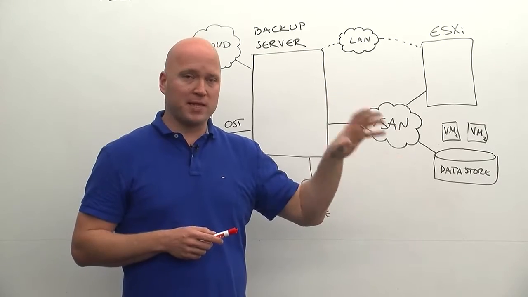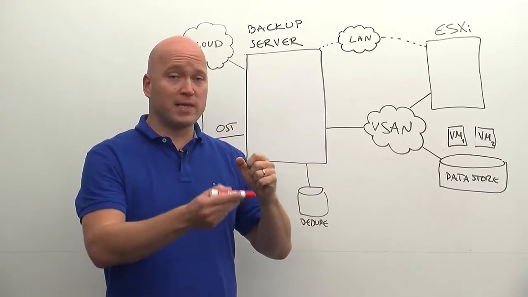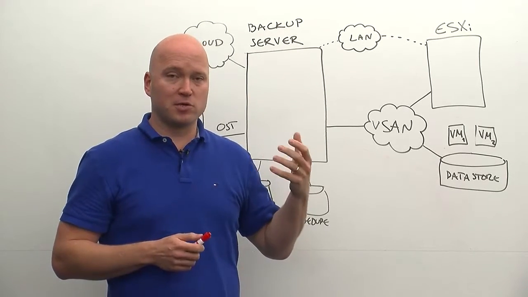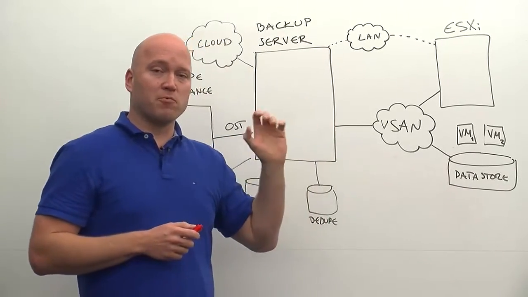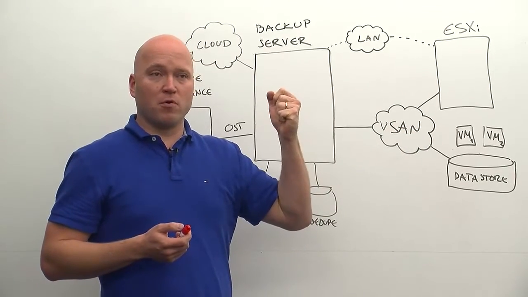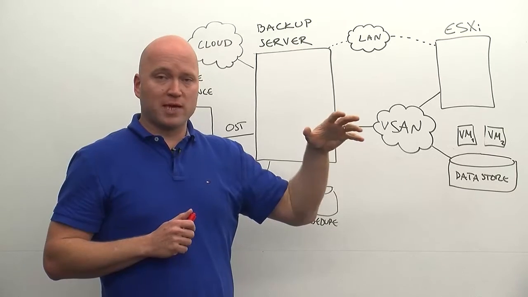We just collect some metadata as part of that backup, but we don't use it for moving data. That's all done through the vStorage API integration. We collect the metadata so that we can then restore, for example, an Exchange that's on a VM, on an email level or an Exchange database level.